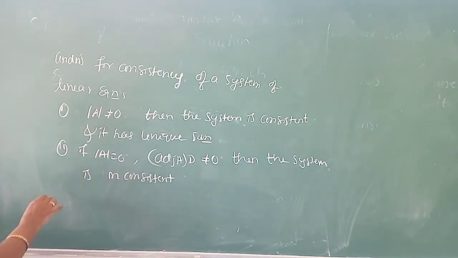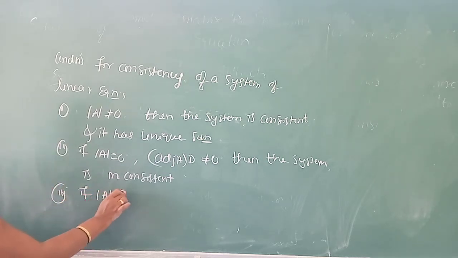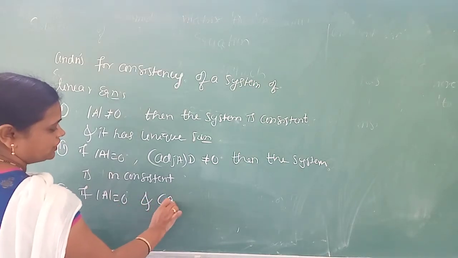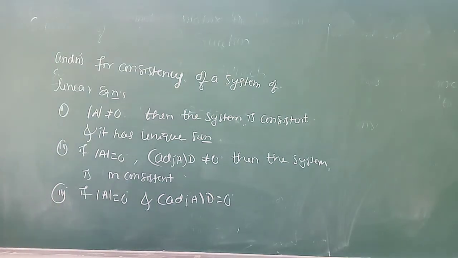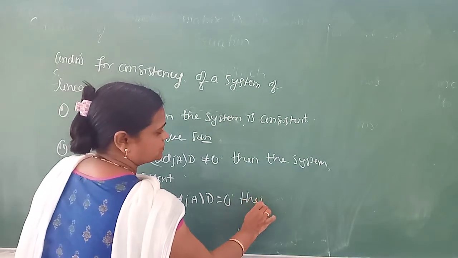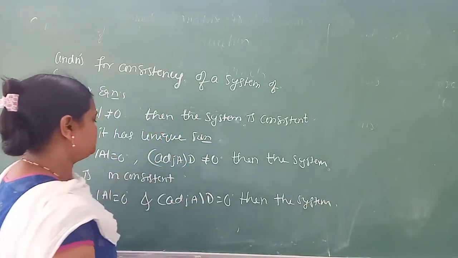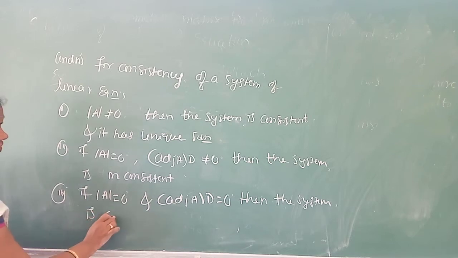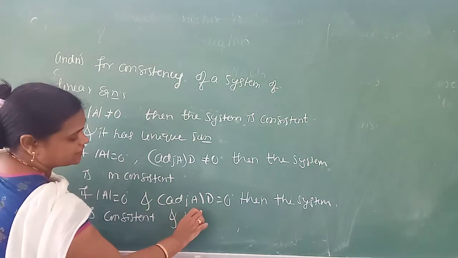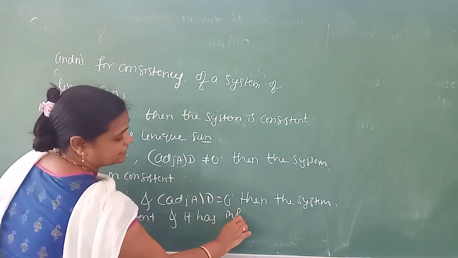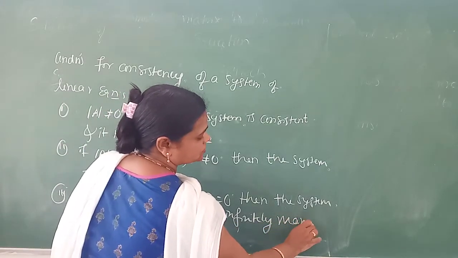Next, third condition we have to remember: if determinant A equal to 0 and adjoint A into D equal to 0, then the system is consistent and it has infinitely many solutions.